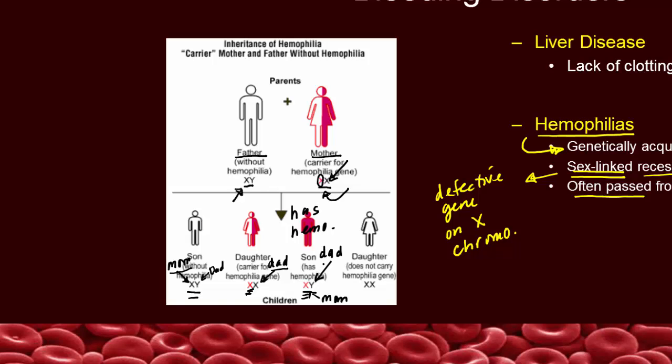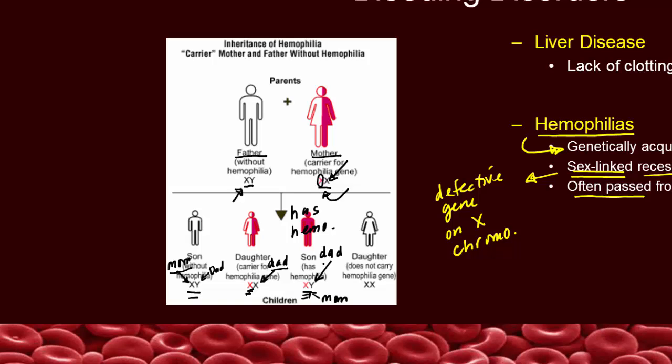Since this is a sex-linked recessive disorder, and the defective gene is found on the X chromosome, if the boy gets the defective X chromosome from his mom, he doesn't have another X chromosome to mute that particular genetic malformation. He has a Y chromosome, and the Y chromosome doesn't have any genes on it for producing these clotting factors. So he would actually have the condition.